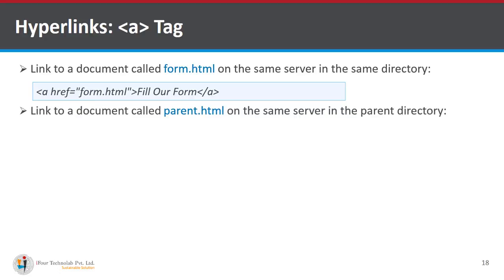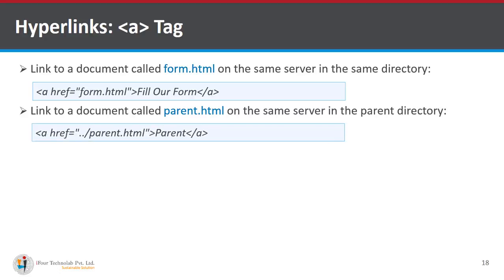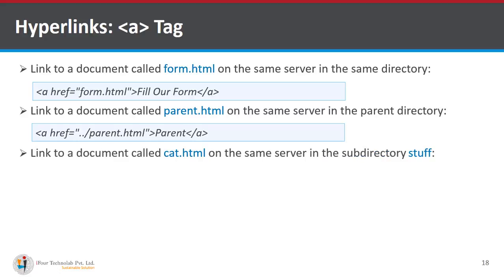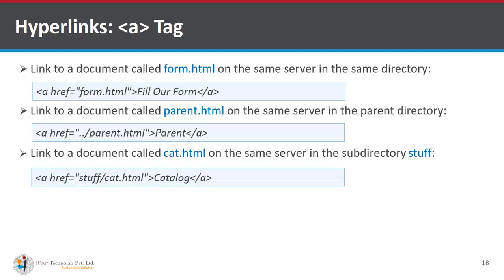Suppose my file is in the parent directory. Then I just have to add a dot slash and the name of the file which I want to redirect to. The third case: suppose my document is on the same server but in a subdirectory. So I have to give the subdirectory name followed by the file name. It will redirect to that.